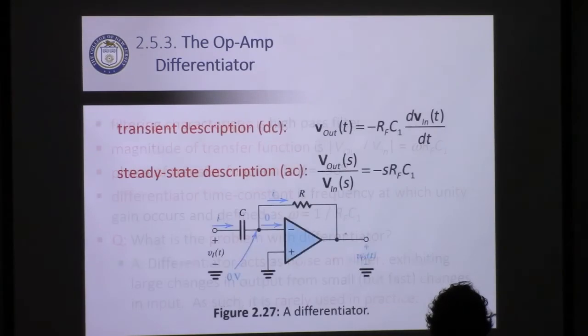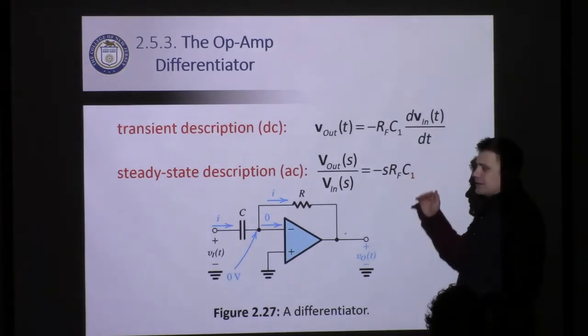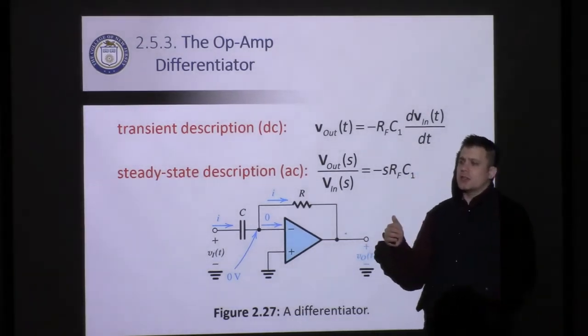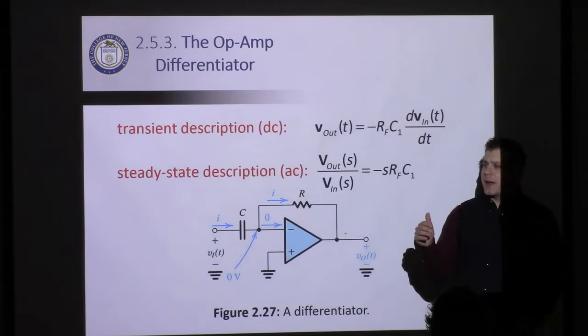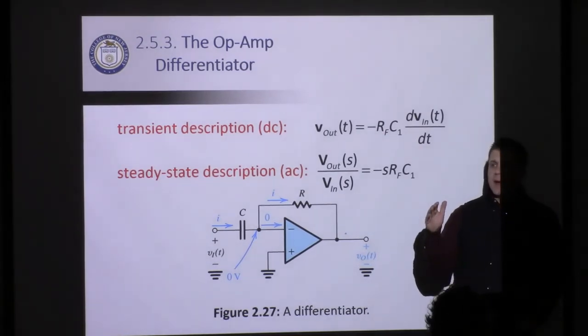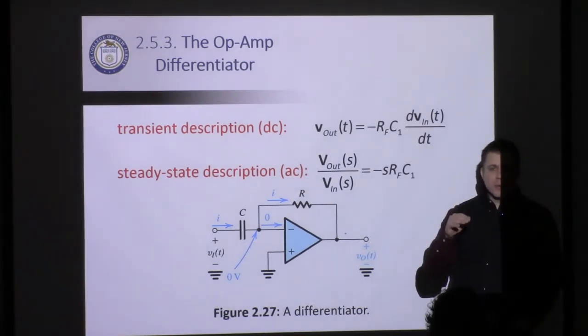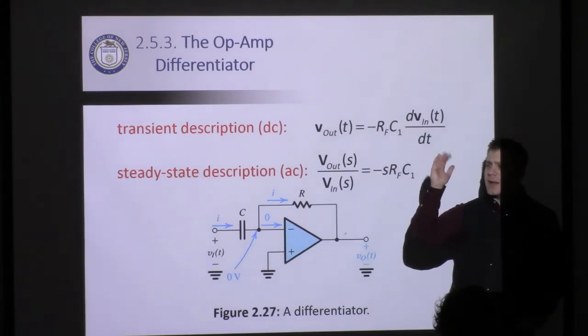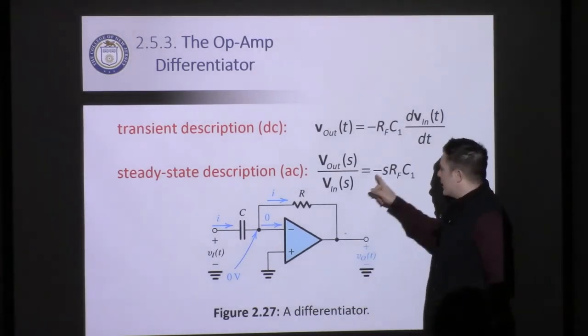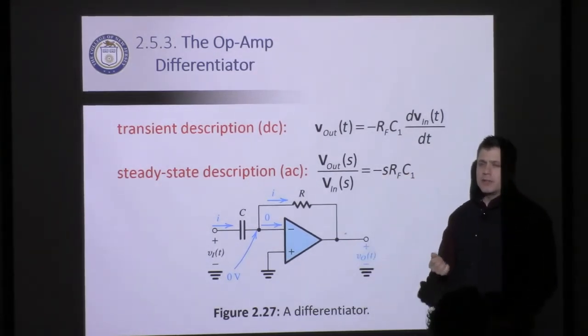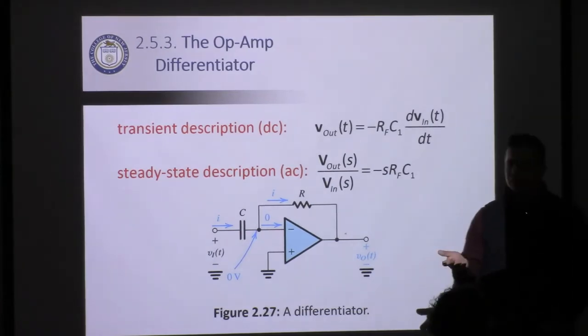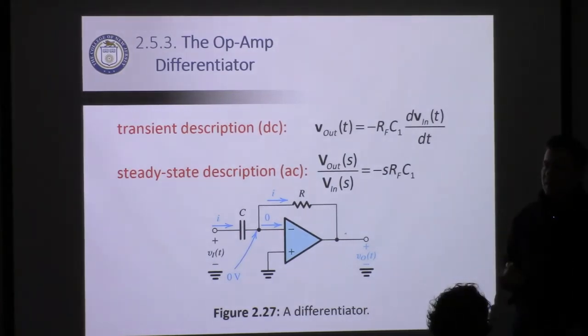Now the phase. For the phase, again, anytime you have a purely imaginary complex number or vector, with no real component, it's either going to be positive 90 degrees or negative 90 degrees. This is minus, so we have negative 90 degrees. You could also use the inverse tangent in order to calculate that.